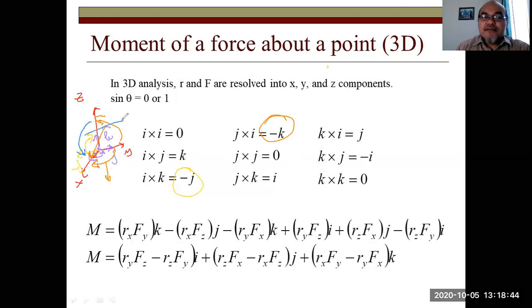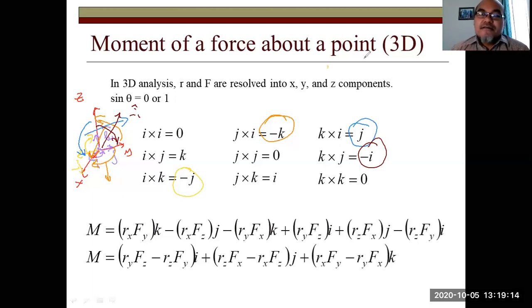So the direction is towards the y-axis. k cross i equals j. k cross j means from the z-axis, change again the color, from the z-axis towards the y-axis. Using the right-hand rule, the direction is towards the negative x-axis. Yeah, so this is the negative x-axis, or minus i here. Okay, so this is how the cross product results work.